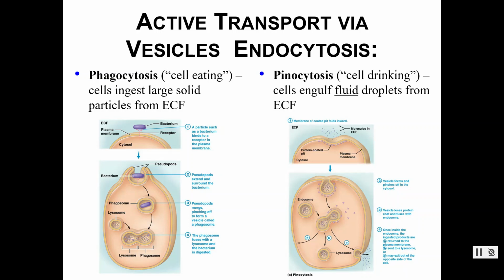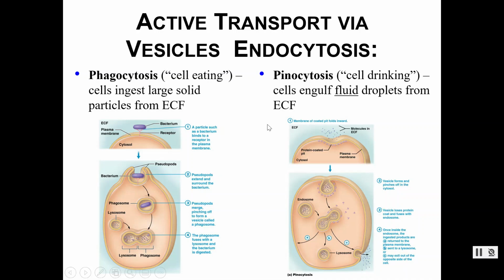And the best example we have is taking a white blood cell and it eating a bacteria. Notice that we have surrounded the bacteria in a vesicle. Here's our nasty little bacteria in our vesicle. We are going to fuse with a lysosome, which does cellular digestion, and we are going to destroy that bacteria, which is kind of nice.